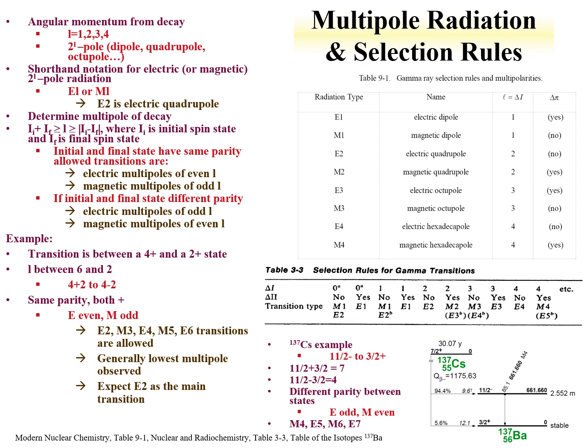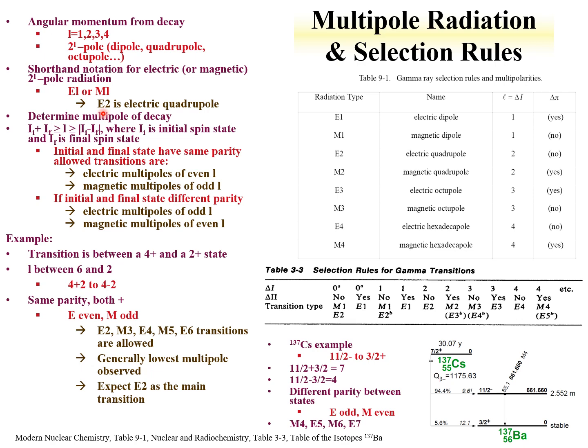We can describe the angular momentum from the gamma decay as L equal to 1, 2, 3, 4, etc., as a pole. So an L of 1 is a dipole, 2 is a quadrupole (2 to the 2 is 4), then octopole, etc. The shorthand notation for an electric or magnetic 2^L pole is written as EL or ML.